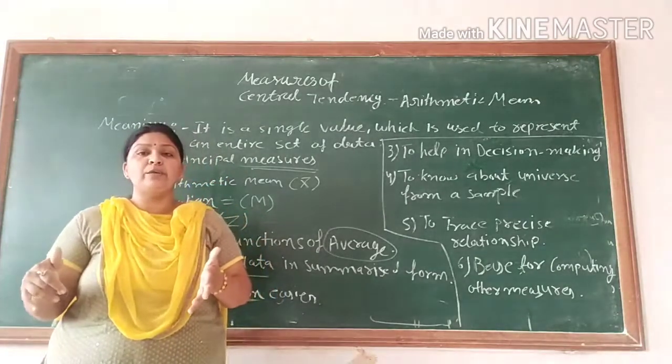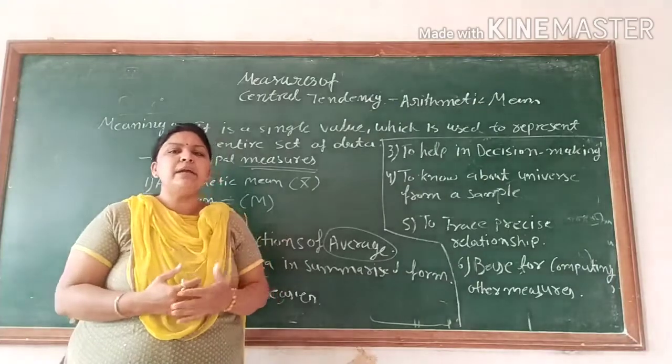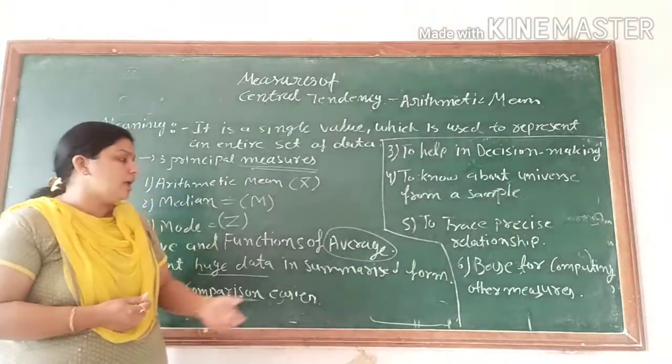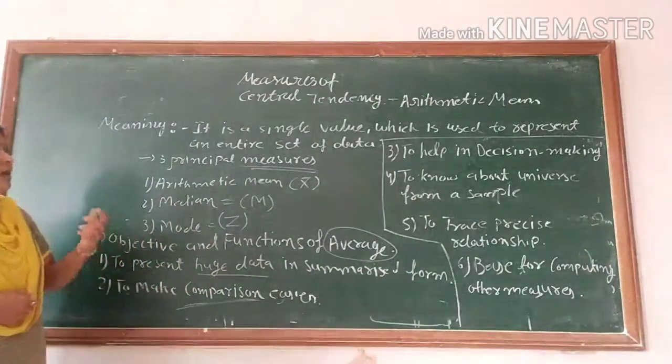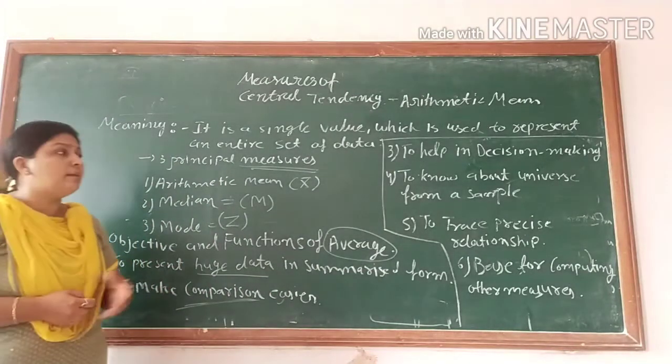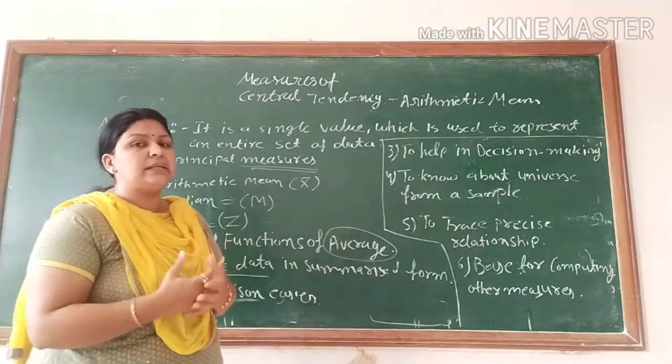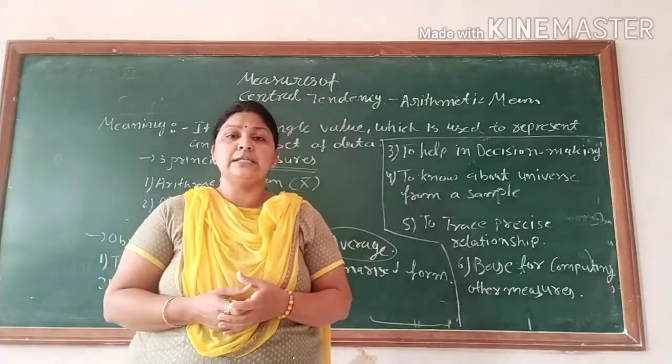This month it is 28.5. So we can easily compare both data because we got the summarized form in one numerical system. Third is to help in decision making. If we are doing comparison well, then that is very easy for decision making.